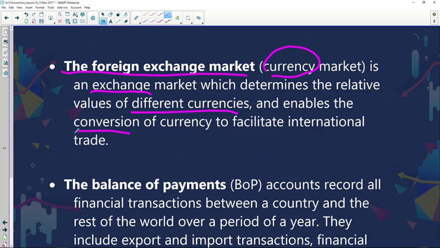This is quite interesting because we're from South Africa, and obviously our currency is the rand. If we travel to other countries, they prefer that we use their own currency. We know that the dollar is quite a common currency, and that is used in most countries.